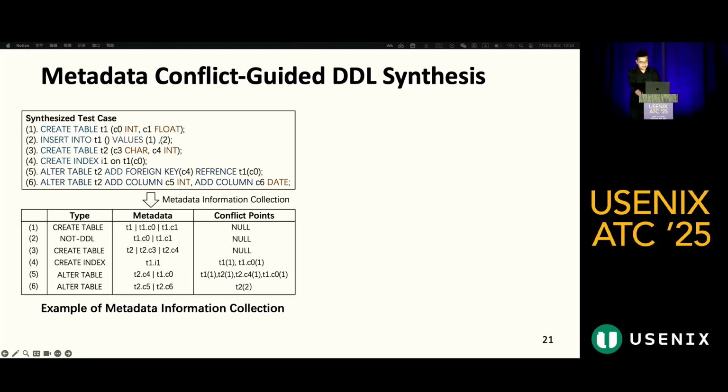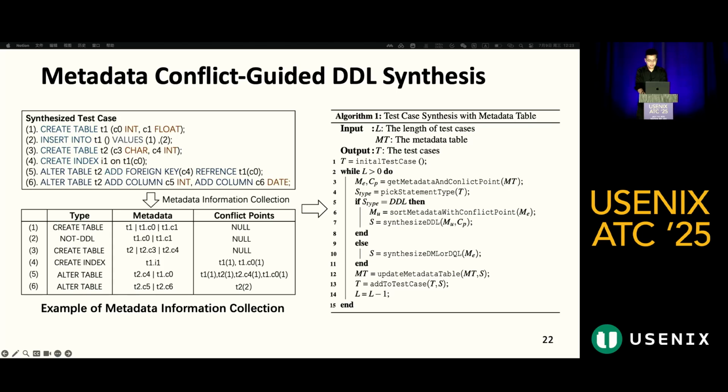To achieve this, DDLumos continuously collects and updates metadata information during test case generation, using these details to guide the synthesis of subsequent DDL operations. The left figure shows an example of metadata information collection and conflict point checking. Then DDLumos checks the conflict points in its metadata table and crafts mixed DDL sequences that trigger those conflicts to expose atomic DDL bugs.